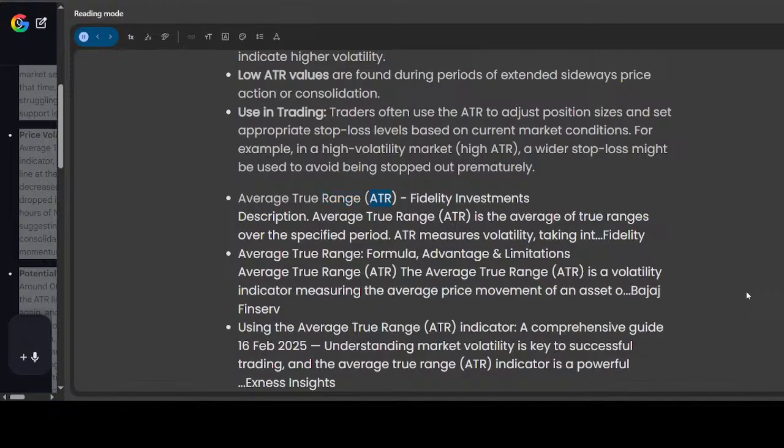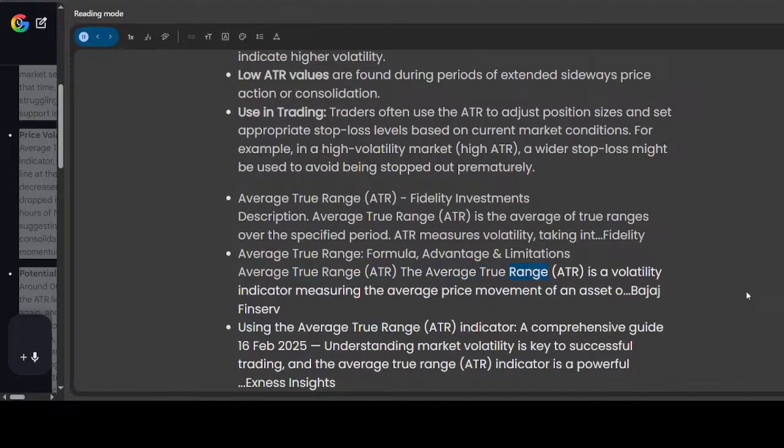Average True Range (ATR), Fidelity Investments. Description: Average True Range (ATR) is the average of true ranges over the specified period. ATR measures volatility. Fidelity. Average True Range. Formula, advantage and limitations. Average True Range (ATR).